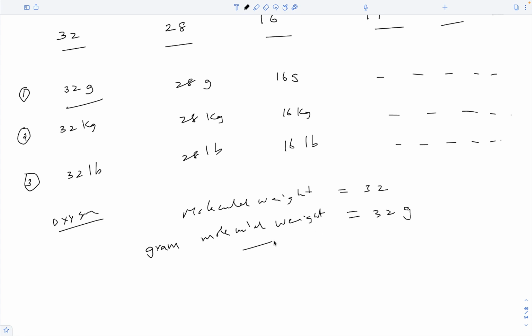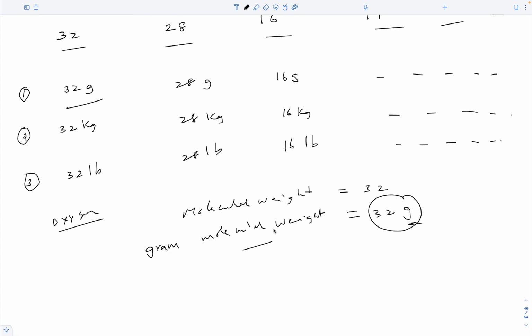So gram molecular weight represents a particular mass of a substance, a molecular substance, that is equal to its molecular weight or relative molecular mass in grams. Because molecular weight of oxygen is 32, 32 grams of oxygen is 1 gram molecular weight.